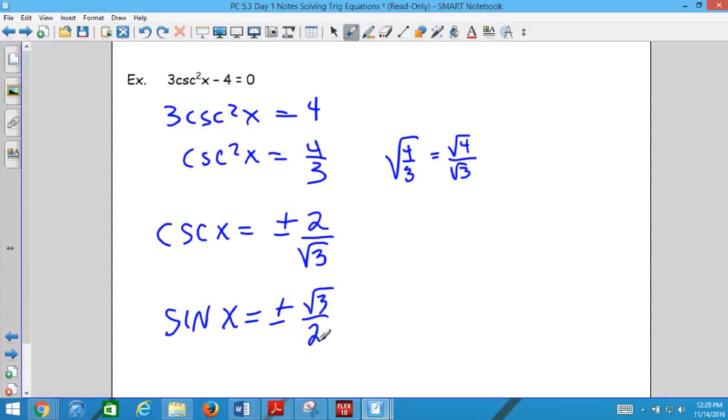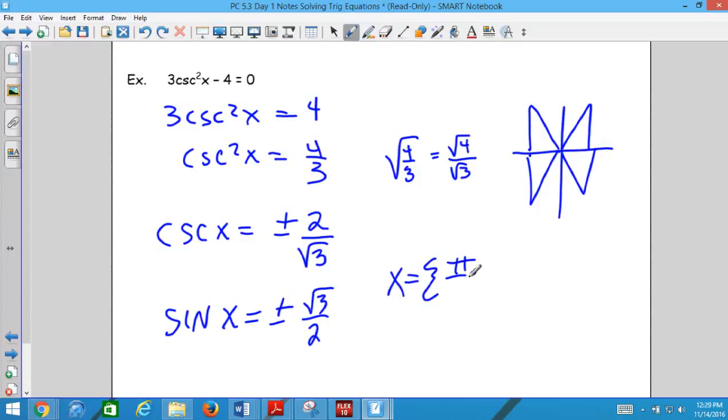And this is positive and negative, so there's all 4 of them. Picture-wise, it would be 60 degrees, then 120, then whatever that is. So we've got pi over 3, 2 pi over 3, 4 pi over 3, 5 pi over 3.